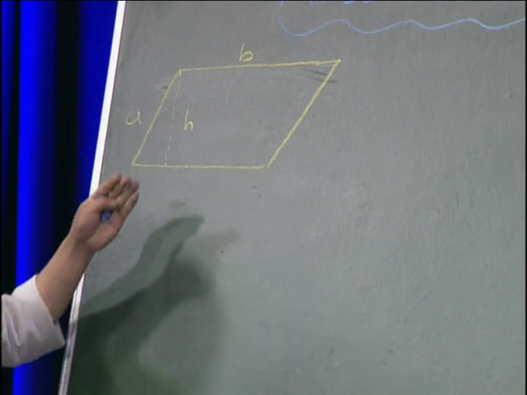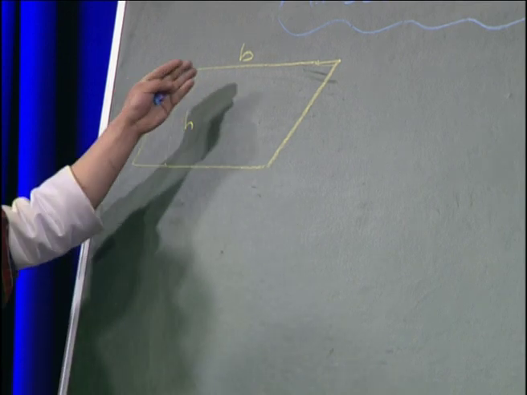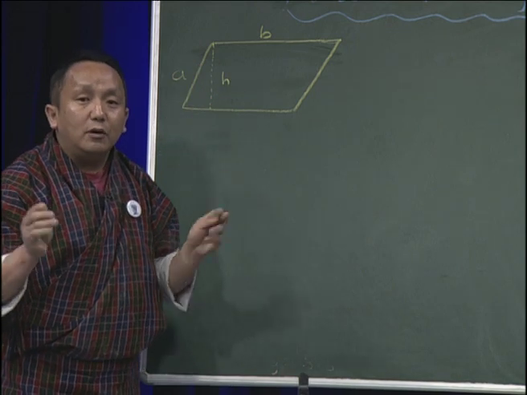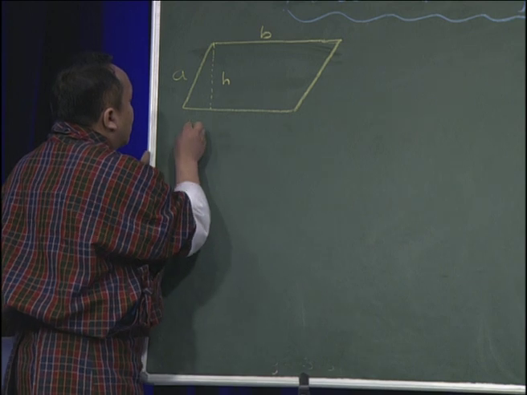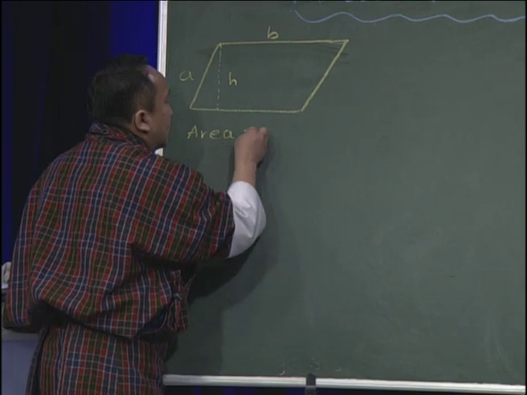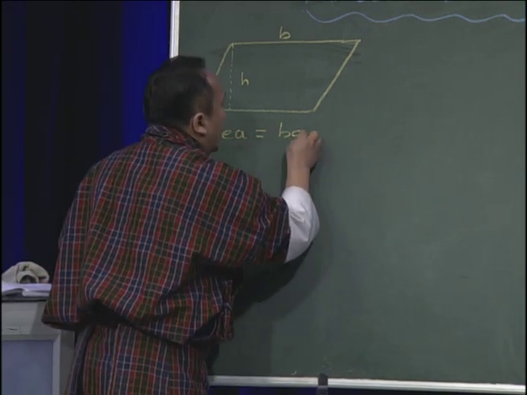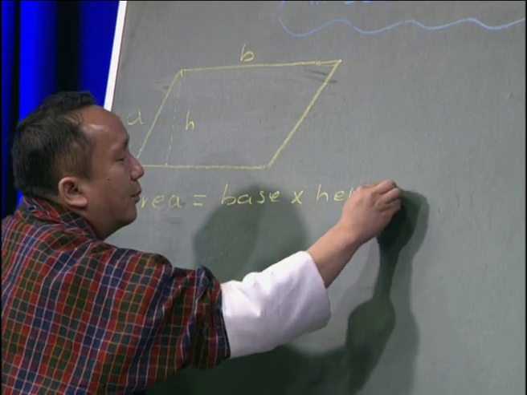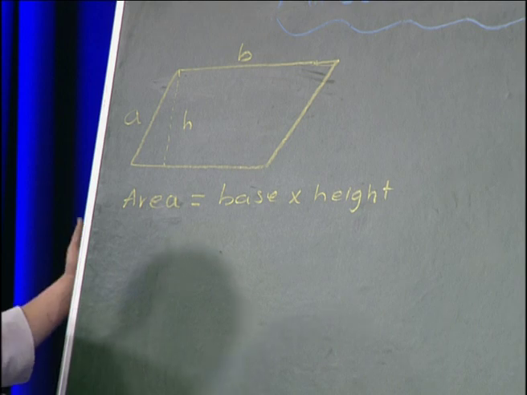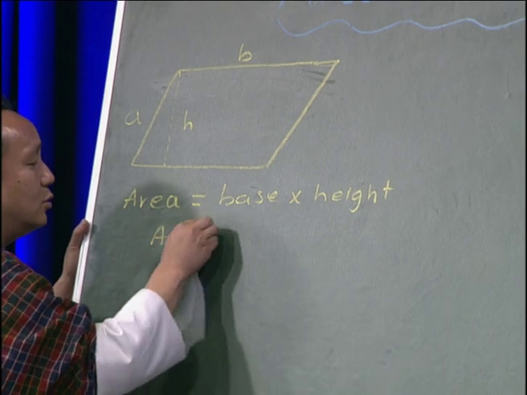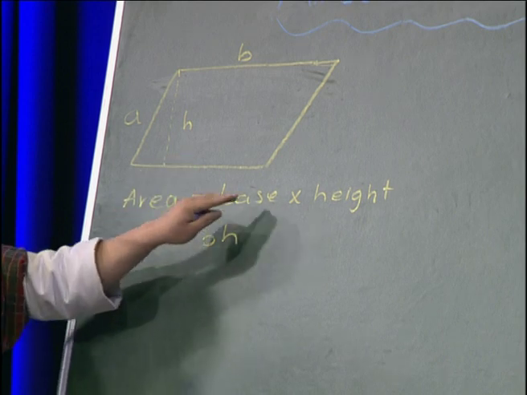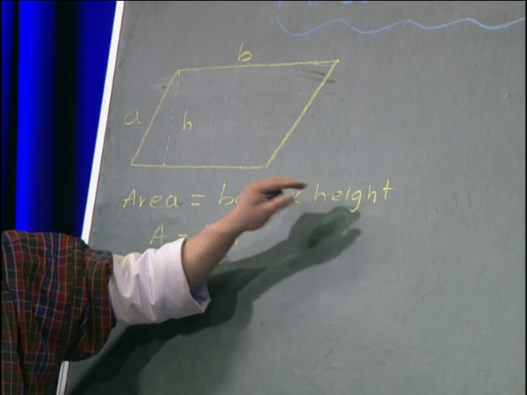If you are provided with the dimensions and especially the height of the parallelogram, and you're asked to determine the area, the formula to find the area of a parallelogram is always base times the height. In short, it can be written as A equals BH, where B represents base, H represents the height.